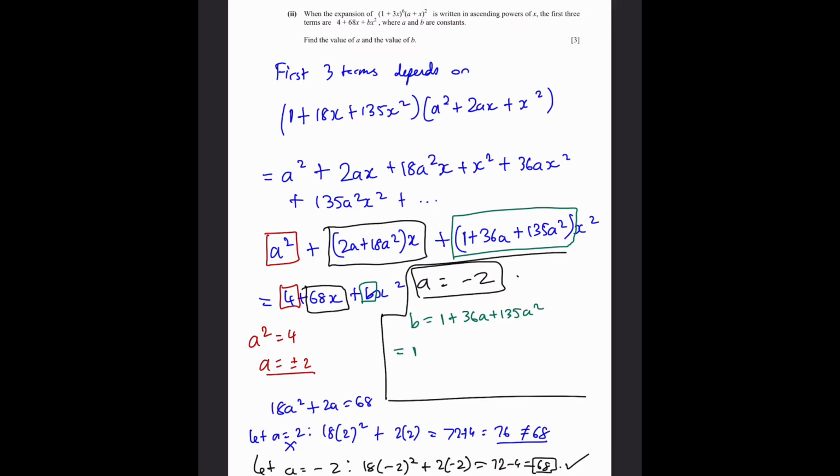Now that's going to be 1 + 36 times -2 + 135 times (-2)^2. That's 1 - 72 + 540. And when you do the math correctly, you will get 469 as the b value. And that'll be our answer: a = -2 and b = 469.